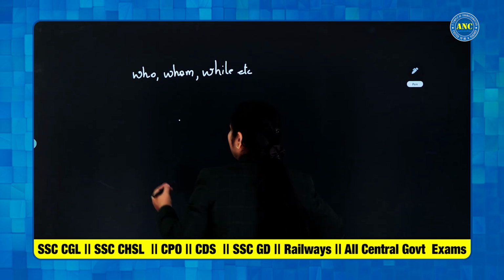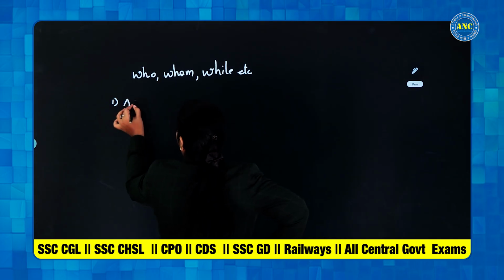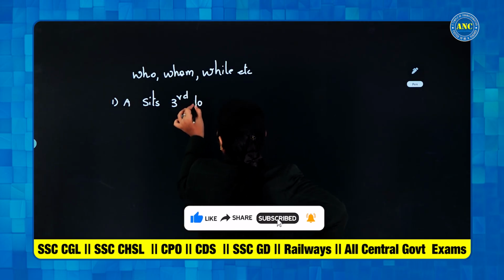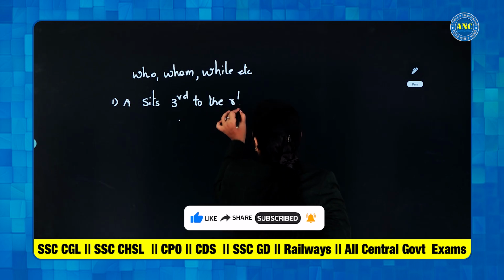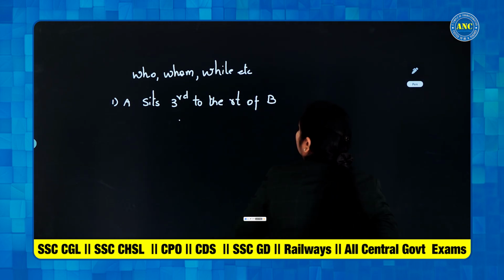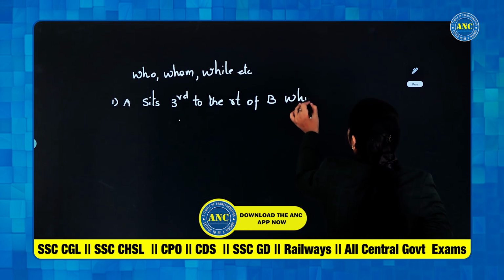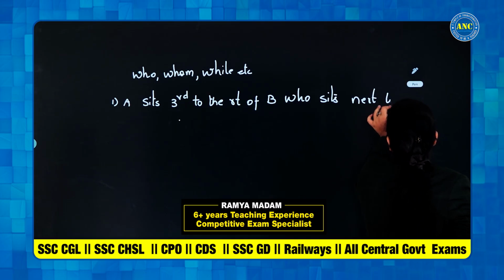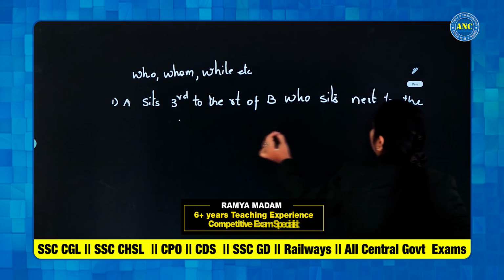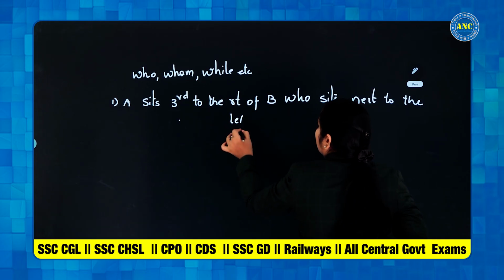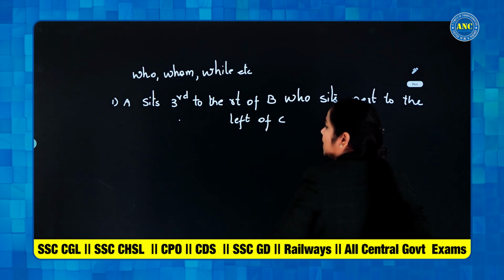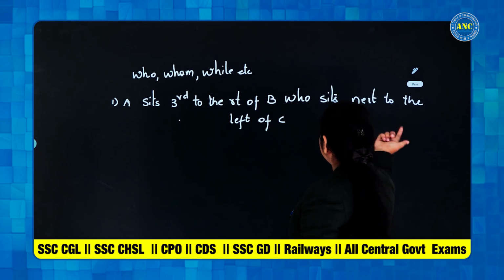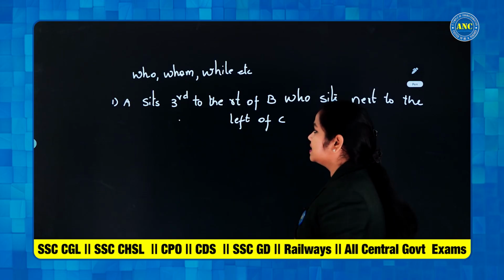For example, if I say A sits third to the right of B, who sits next to the left of C. What does this mean here?